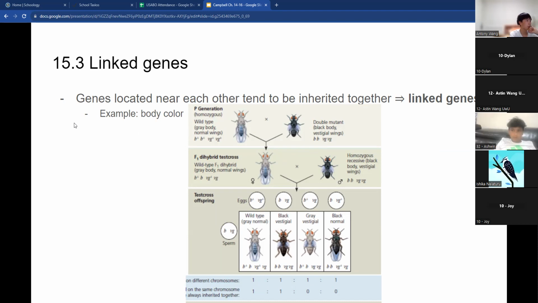Now we get to the concept of linked genes. Two genes are linked when they're very close together on a chromosome. This is the case because in meiosis there's a process called crossing over, which means homologous chromosomes exchange segments of DNA, so they trade pieces of themselves with each other, and that results in more genetic variation.